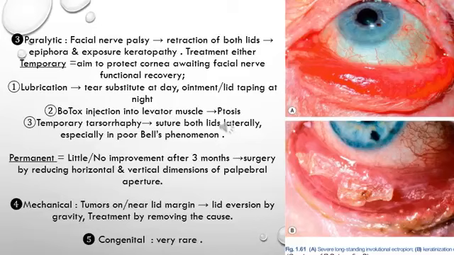The fourth type of ectropion is mechanical ectropion, caused by tumors on or near the lid margin, any large mass of the lower lid that will pull the lid away and evert it, resulting in lid eversion by gravity. Treatment is by removing the cause. The congenital type of ectropion is usually rare.